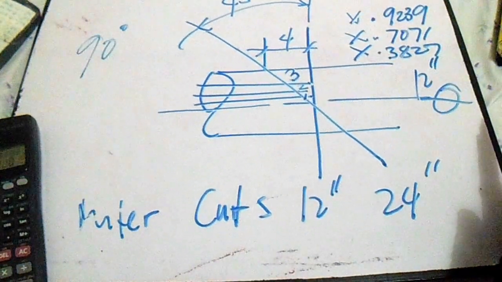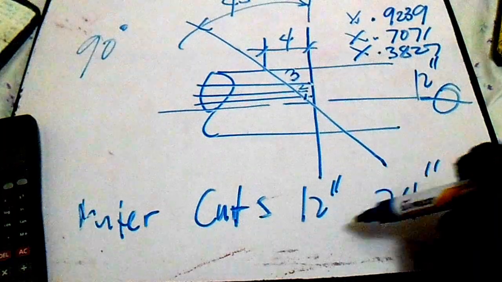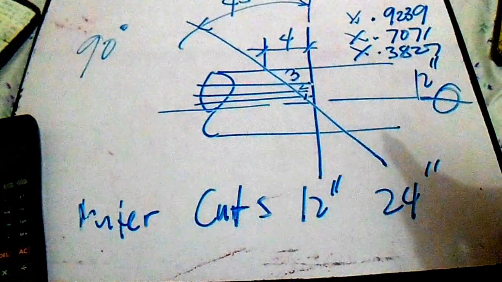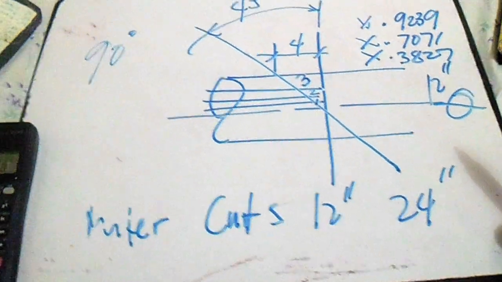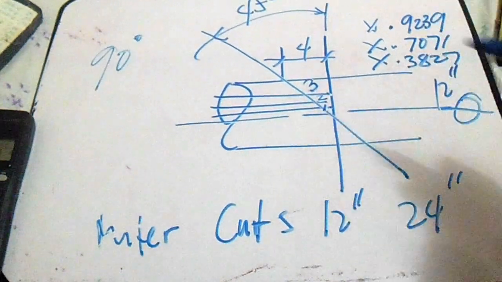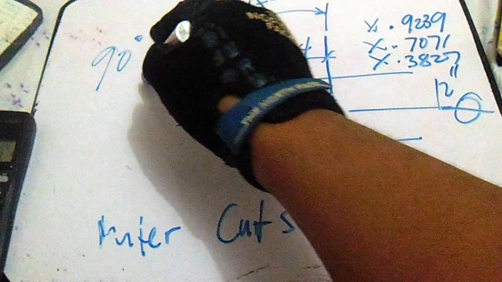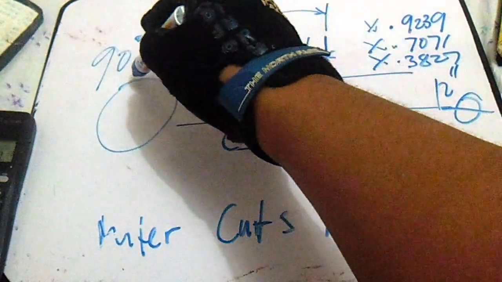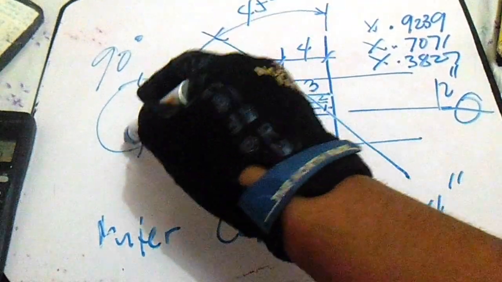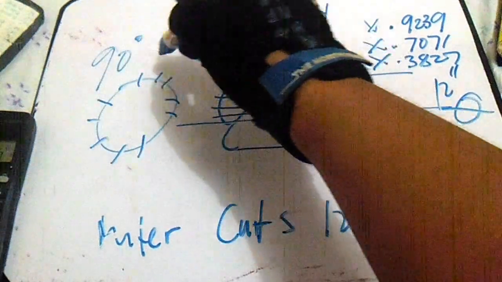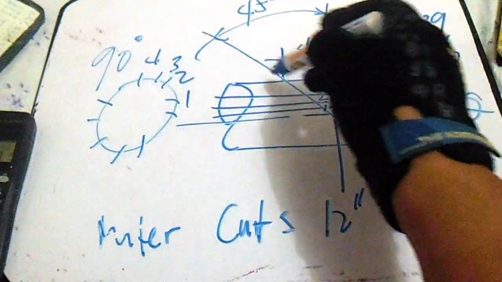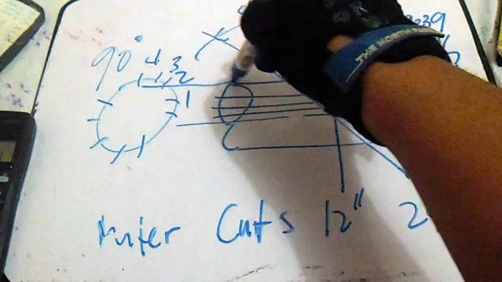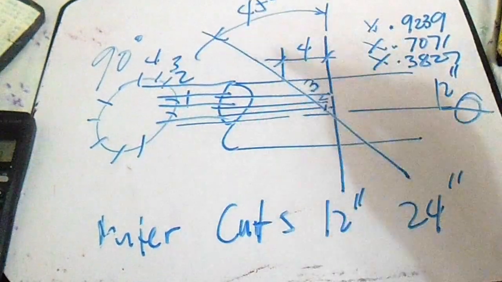This is a miter cut for 12 inch to 24 inch, marked in 16ths. We have a circle here, and then a line from this, and then we have 4, 3, 2, 1, and then make the dimensions like this.